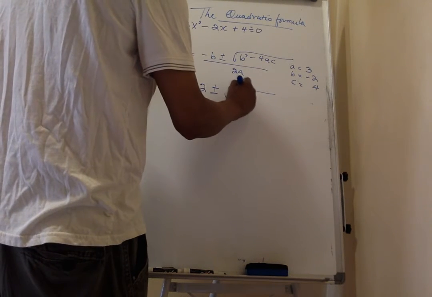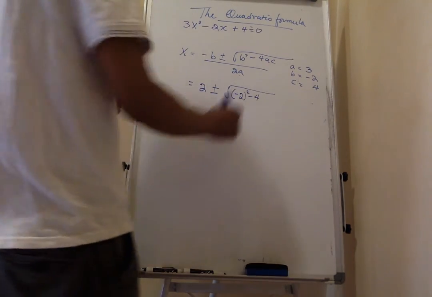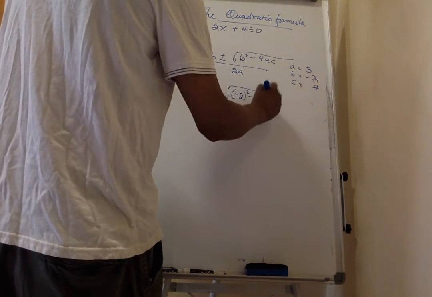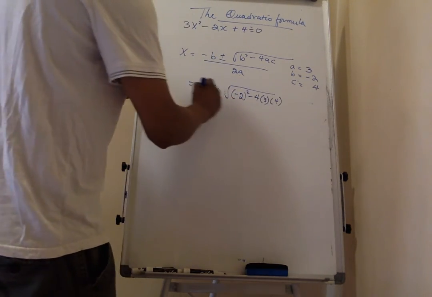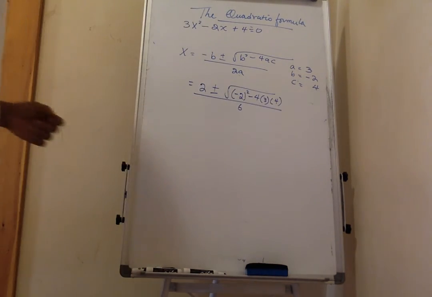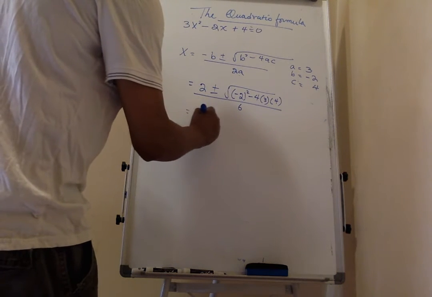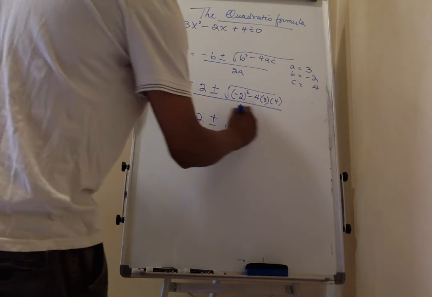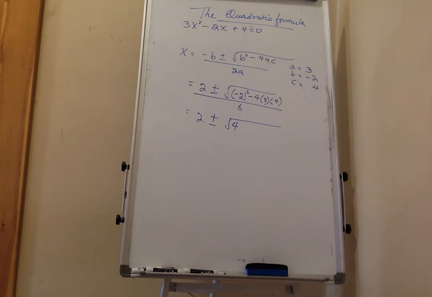negative 2 squared minus 4, your a is 3, and your c is 4, over 6. Let's go ahead and simplify this. Negative 2 squared is 4, right?